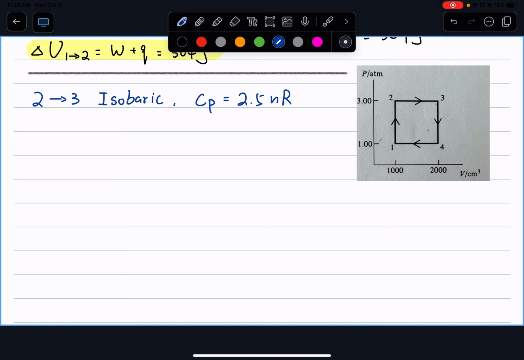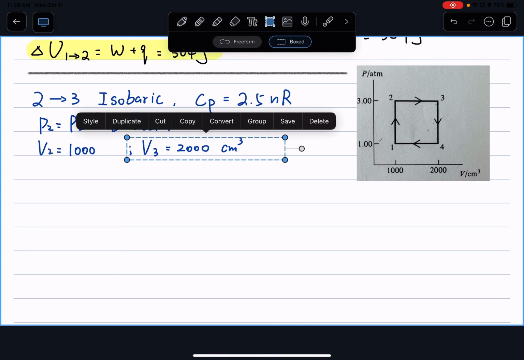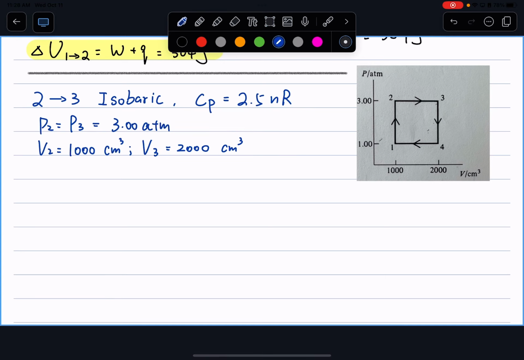All right, and for this process, we have P2 equals P3 equals 3.00 ATM. Your V2 equals 1,000, V3 equals 2,000 centimeter cube. So now let's do the calculation together. Let's work on the work first.